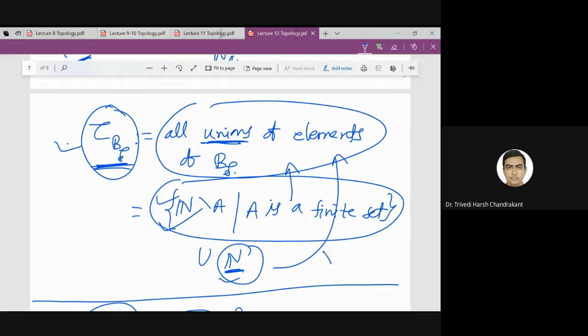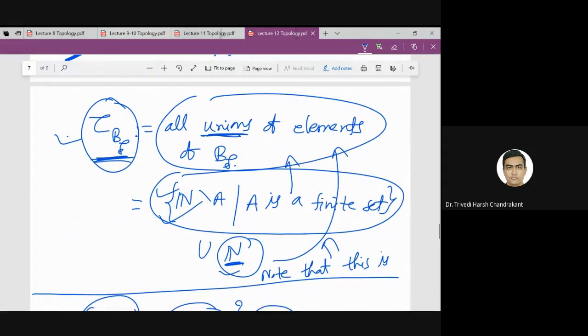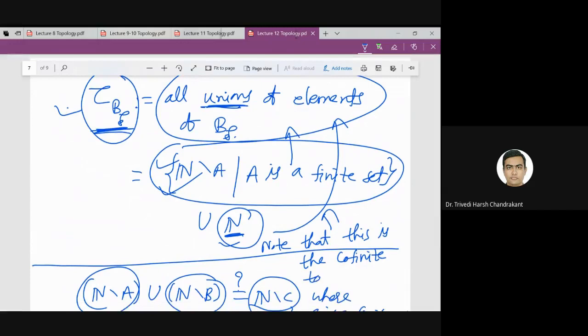Then you have to note what this topology is. It is the cofinite topology on the set of natural numbers, right? Because what is the cofinite topology? The complements of finite sets belong to it, or the full set belongs to it.